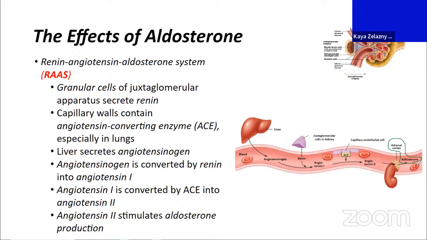So first, what we're going to do is secrete renin. Renin is coming from this juxtaglomerular apparatus. The juxtaglomerular apparatus is a mouthful, but it's next to the glomerulus. Think like juxtaposition. And this means we've got the ability to sense what's going on with this arteriole coming in.